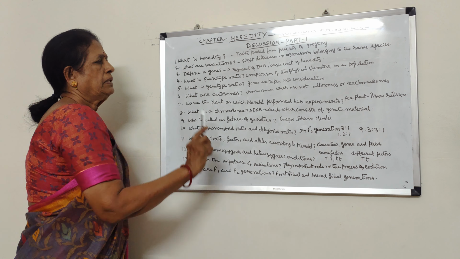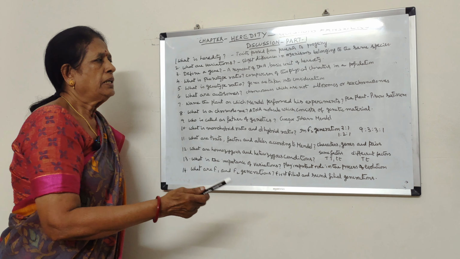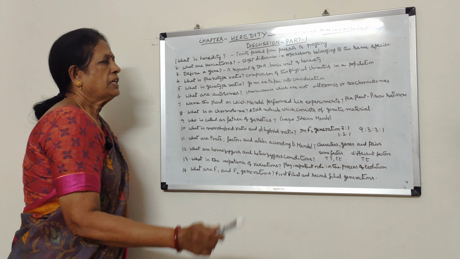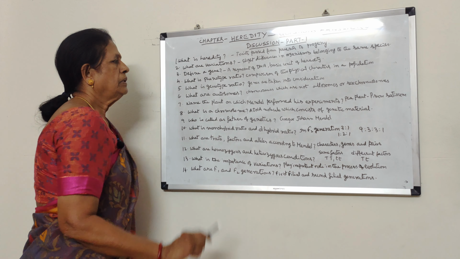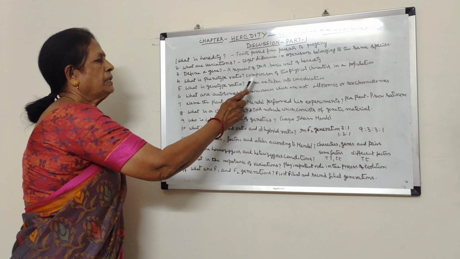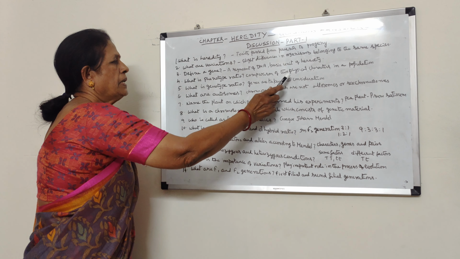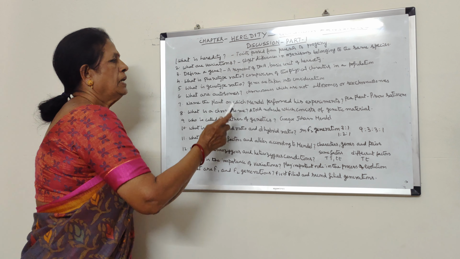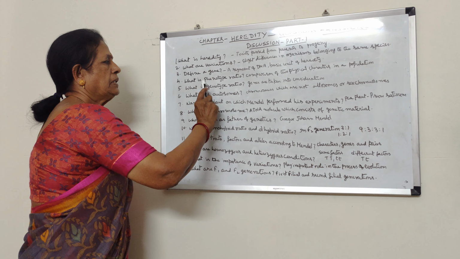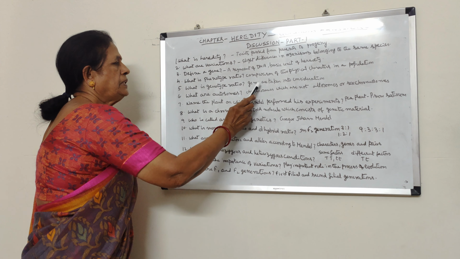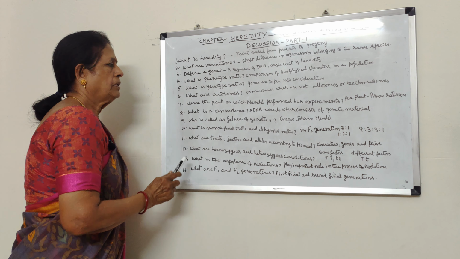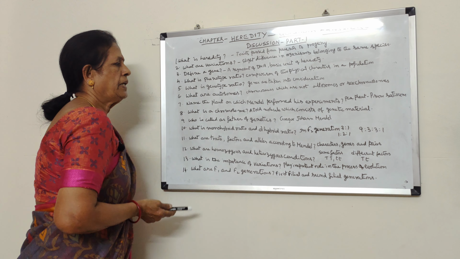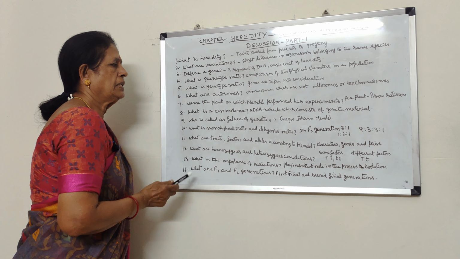Define a gene: a gene is a segment of DNA which is a basic unit of heredity. Phenotype ratio means comparison of two characters in a population. If genes are taken into consideration, that is called genotype ratio, the ratio obtained when genes are taken into consideration.